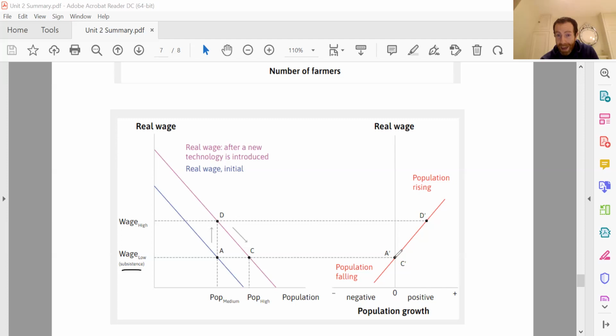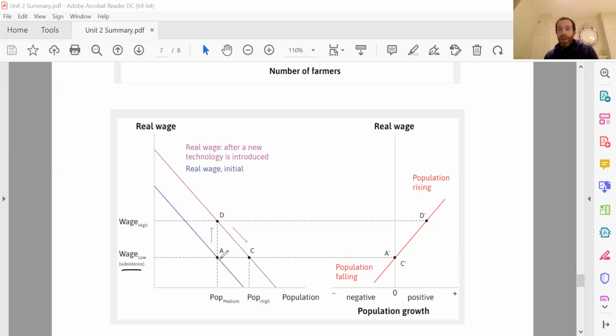So that's why A prime here gives us our starting point, and it shows us that this must be where the real wages are in an equilibrium. And so if we go across to our blue line to begin with, that's going to tell us that at this level of wages, we'll have this population. So that's our initial equilibrium.